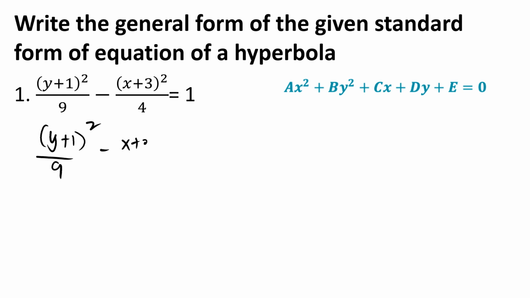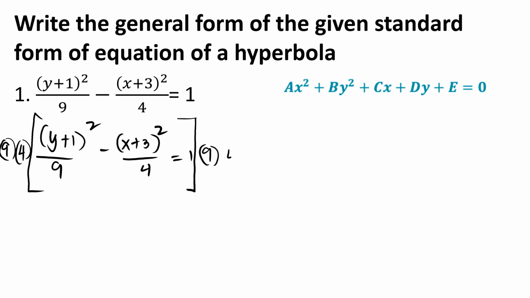We are to rewrite first the given. And then we will be isolating the 9 and 4, their denominators, to have them as our multiplier both sides, left and right. So for this, we are now ready to multiply the 9 and 4 to the first fraction.